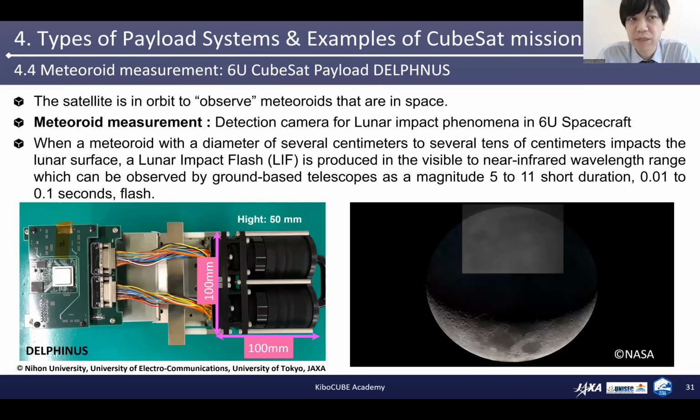When a meteoroid with a diameter of several centimeters to several tenths of centimeters impacts the lunar surface, a lunar impact flash is produced in the visible to near-infrared wavelengths range, which can be observed by ground-based telescope as a magnitude 5 to 11, short duration 0.01 to 0.1 seconds flash. In this case, the detection camera for lunar impact phenomena is the payload.